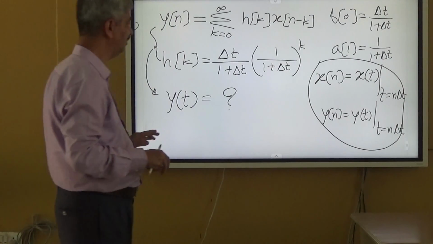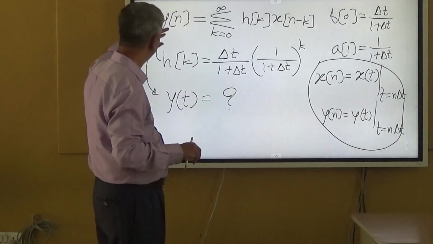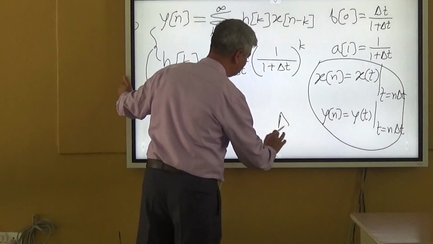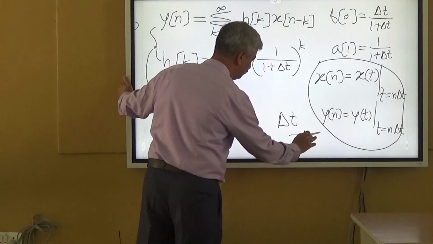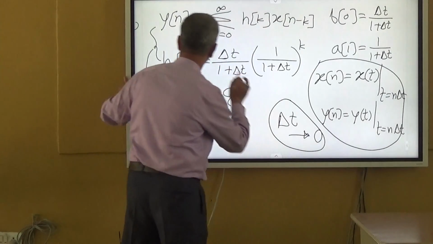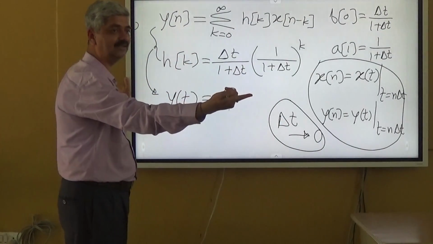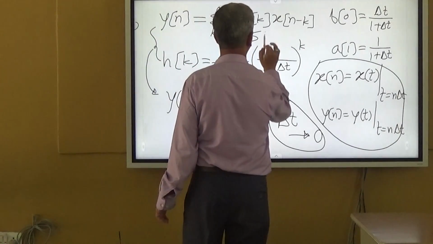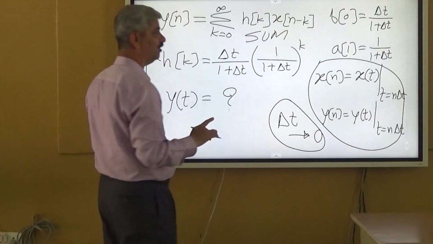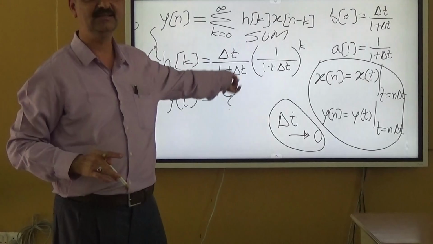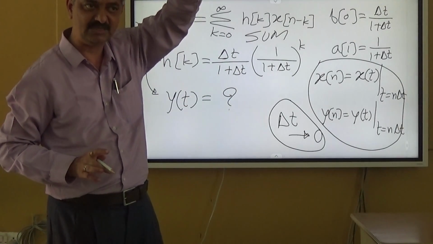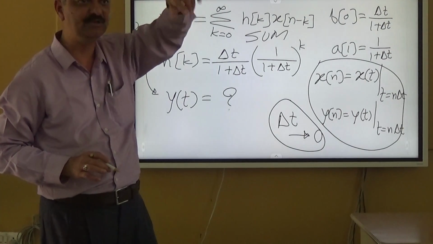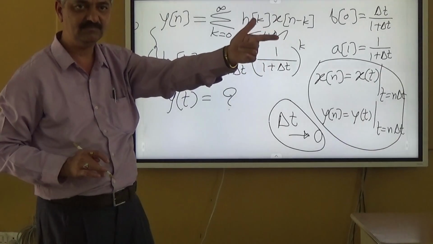And from this yn, if now delta t approaches 0, this yn should approach yt. This is a sum. It is called as convolution sum. And what previous was convolution integral. And in standard 11th you might have learned that what is integration? Integration is limit of sum. Limit of sum, right?